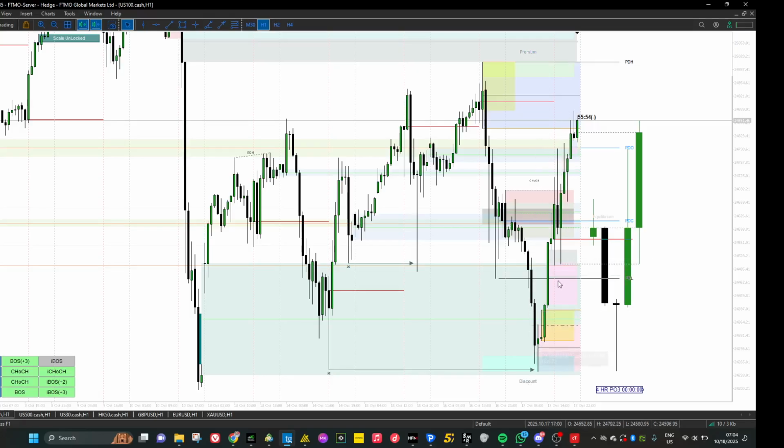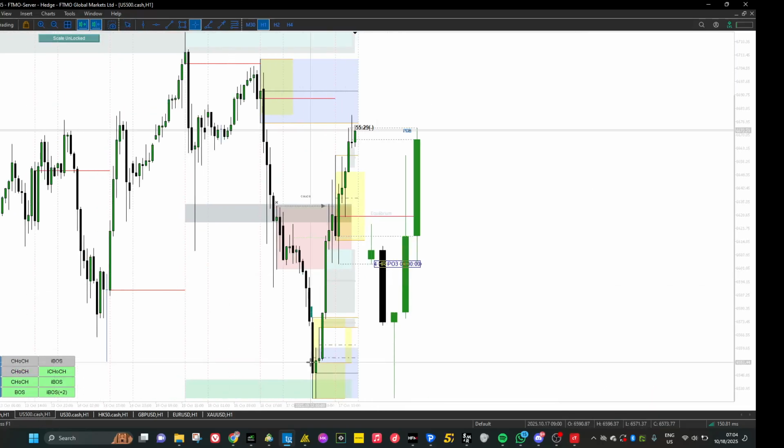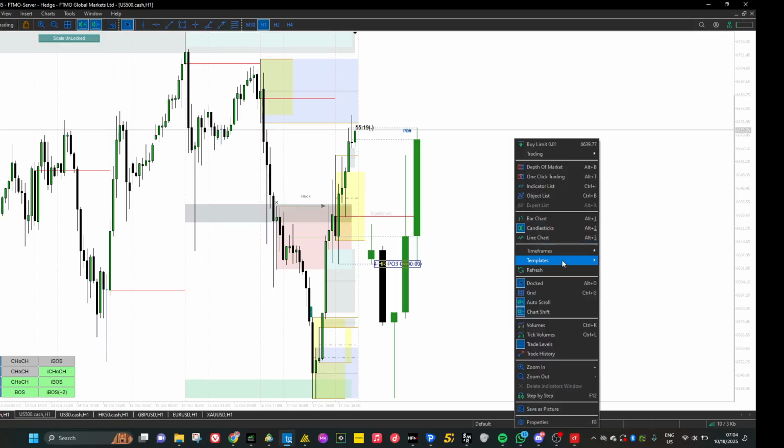So even using this 1-hour chart, if you got an entry after running the lows right around here, you could have held this trade for the entirety of the day, and this would have easily been 540 points. And this one and this one, it would have been 120 points.